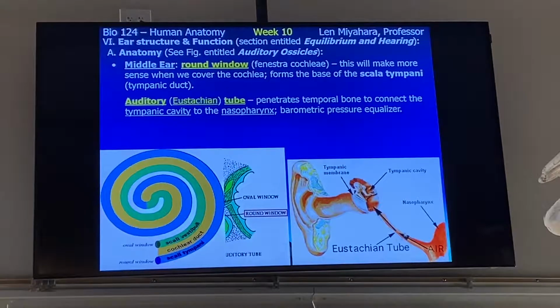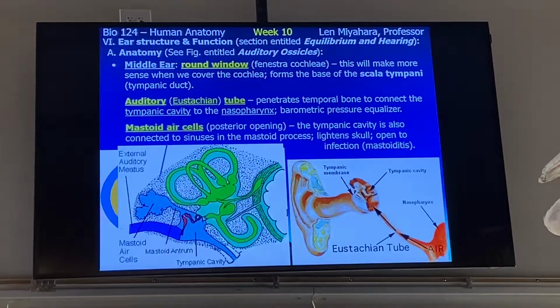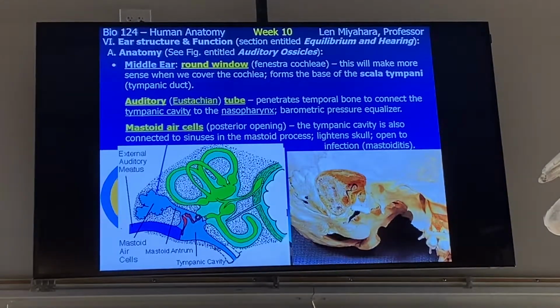Well, here's the nasopharynx starting with a kid, because they're a lot smaller. When that throat infection starts going up the auditory tube, it's there before they can fight it off, and that's why kids get more middle ear infections. Does this make sense? And that's why kids also tend to get more mastoiditis, because then it can spread up the opening from the tympanic cavity into the mastoid process.